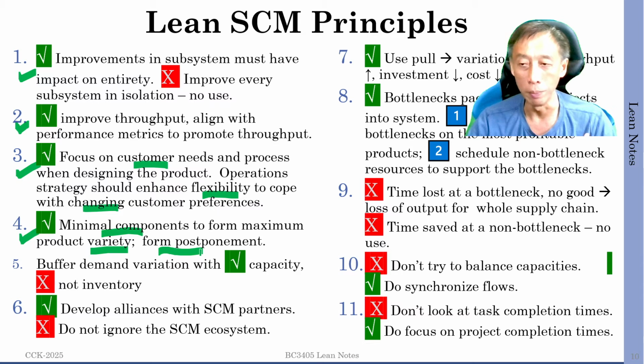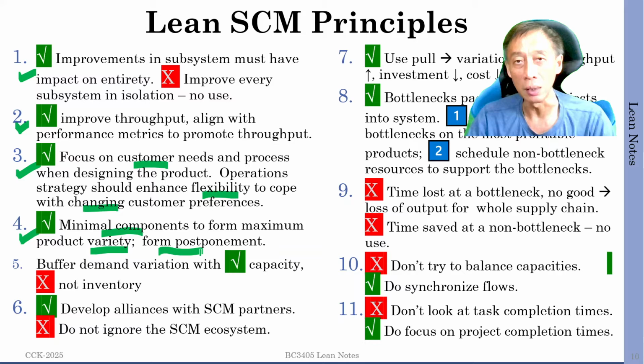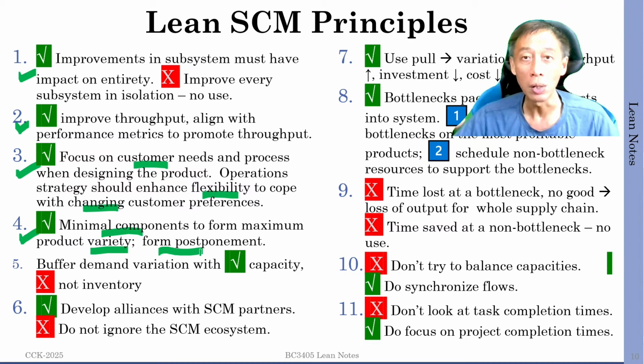Form postponement, same thing. Yeah, we talked about the HP power supply issue. When the power supply is built into the printer itself, 120 volts, 240 volts, European and US cannot interchange. So due to a very minor, the power transformer is a minor component of the whole expensive printer.